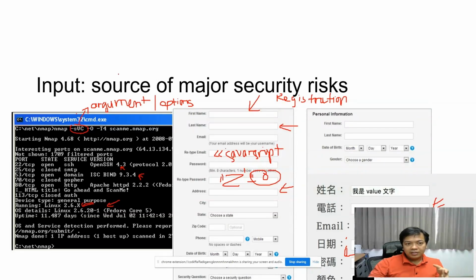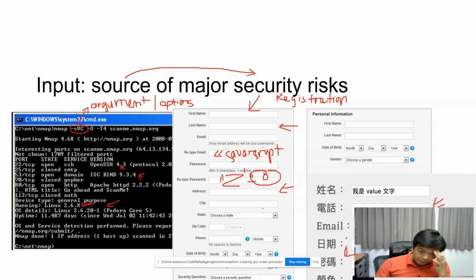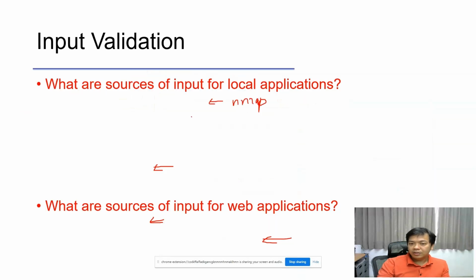That's why I say input is a major security risk, because many client-side users don't have a background or knowledge about security problems. They don't know when they enter something special, or that cookies are stored there, and they don't check. They need to rely on validation from the server.